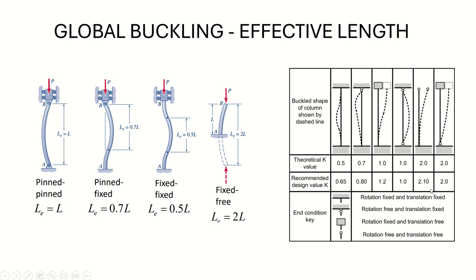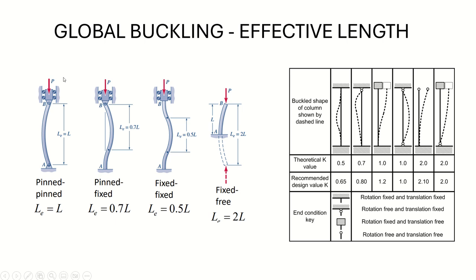First of all, I would like to review the global buckling, and the main factor that affects its behavior is effective length. And as you can see, effective length depends on the type of fixation that this column has.